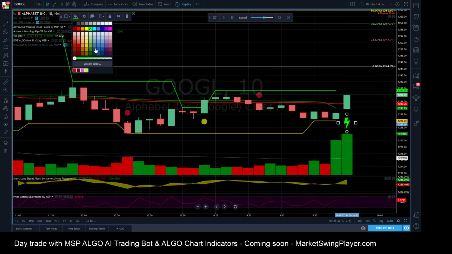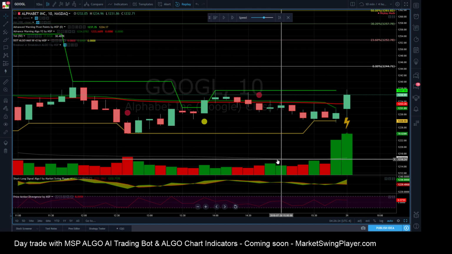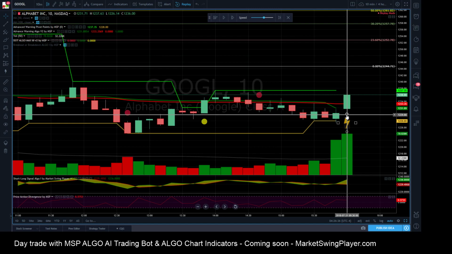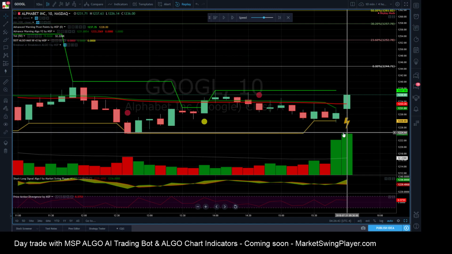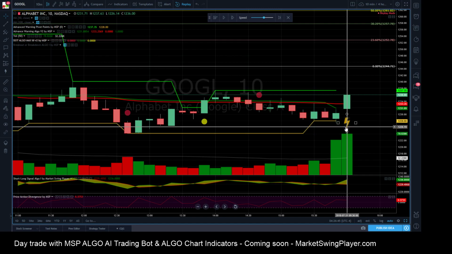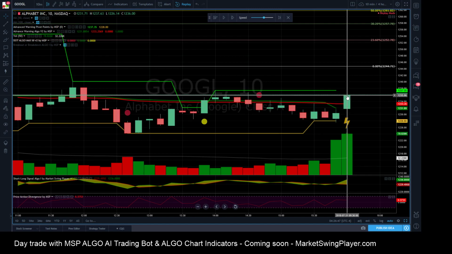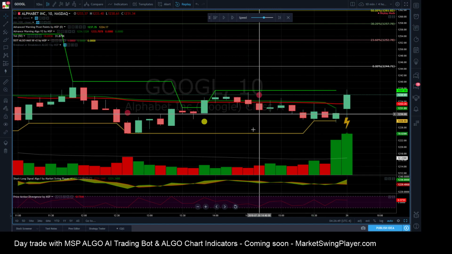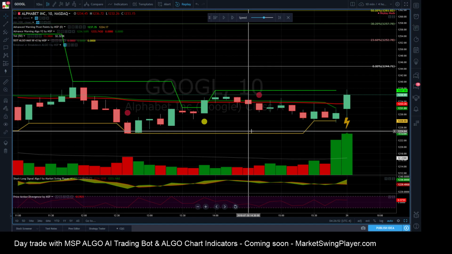Normally I have an orange color there. It's good as gold. Okay, so price opened up at 1231. It looked like it flushed and then popped to 1237. So I had about a $10 move in that alert there.